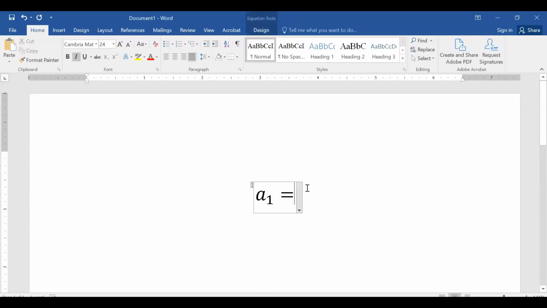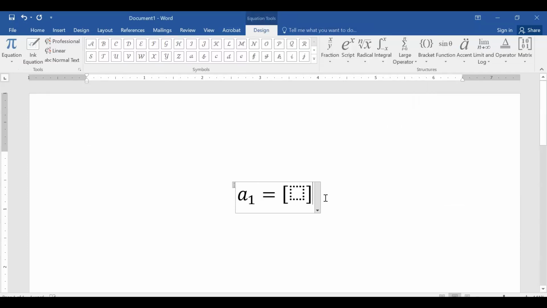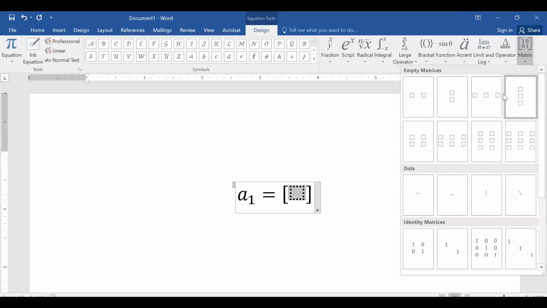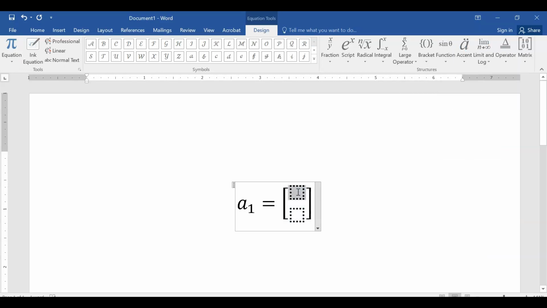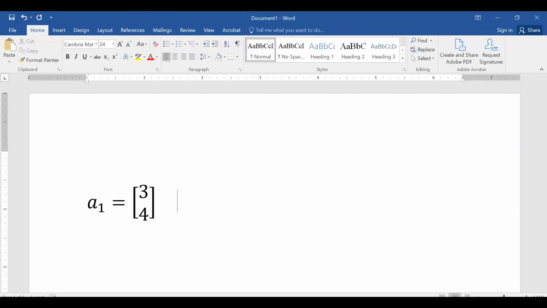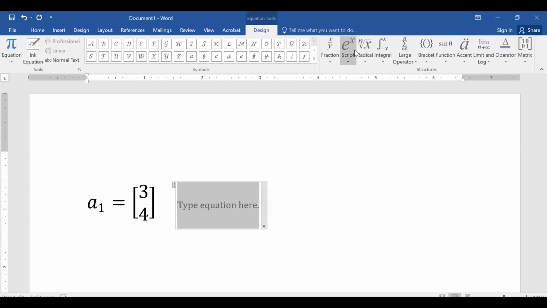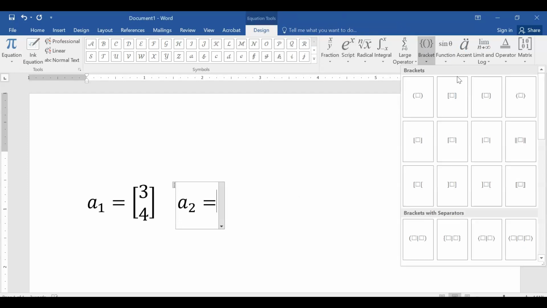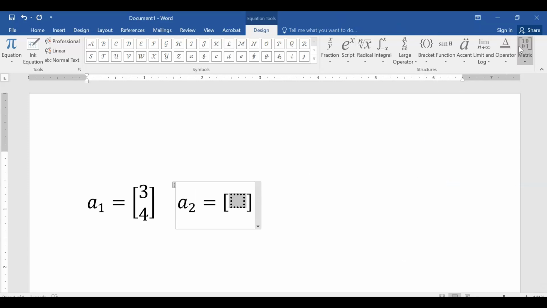What if A1 was the vector 3, 4, and what if A2 was the vector -2, 1? You know, something of that nature.